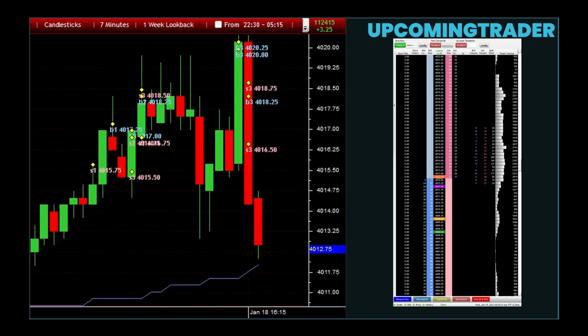Another important sign is a spike in volume when the price reaches support or resistance levels. When you see volume pick up near one of these key levels, it is a big hint that a change may be coming.